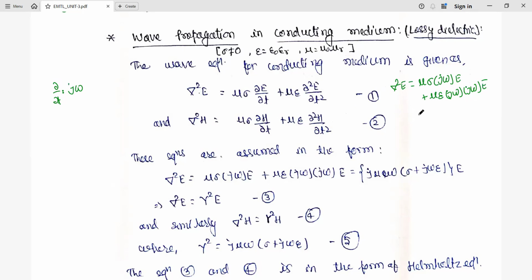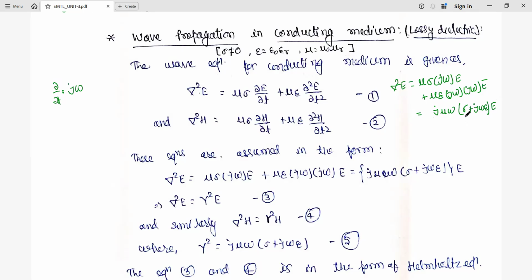Now we can simplify further. Here we have common j, mu and omega, so we take j, mu and omega outside. What do we get? Sigma E, so sigma we are writing, plus from the second term j omega epsilon E. Finally E is taken outside.